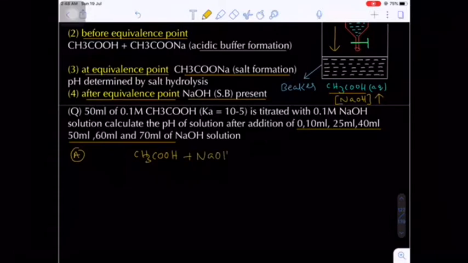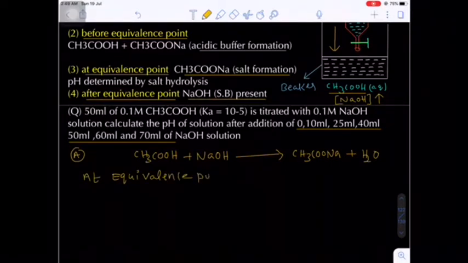First of all, write the reaction between acetic acid and sodium hydroxide. Acetic acid combined with sodium hydroxide forms sodium acetate, CH3COONa, and H2O. Now first of all, find the equivalence point.